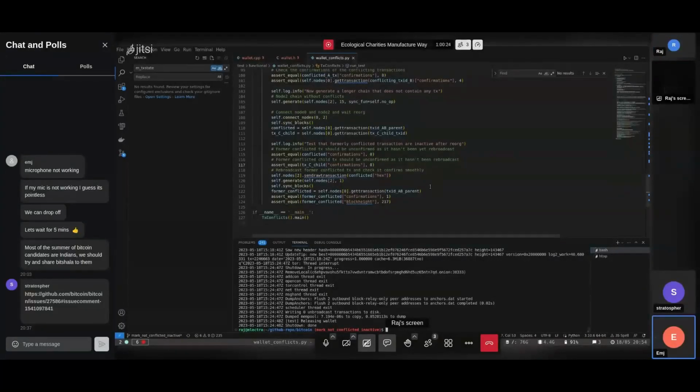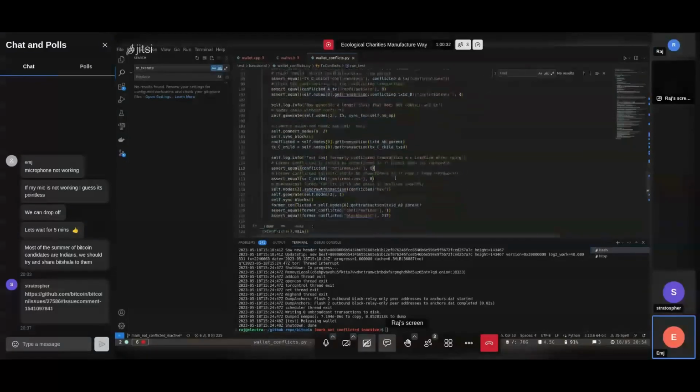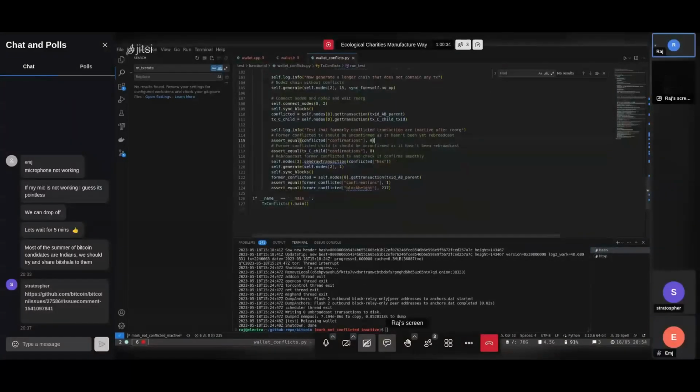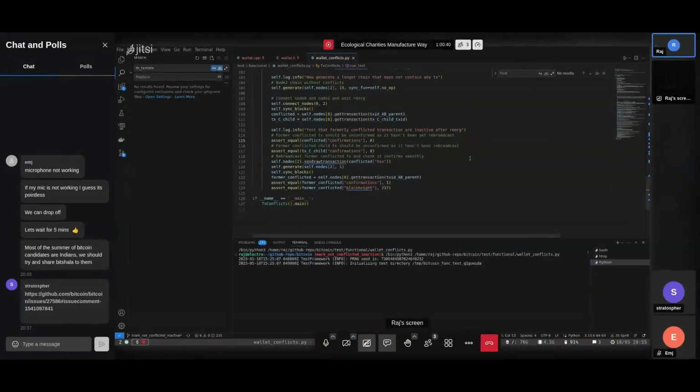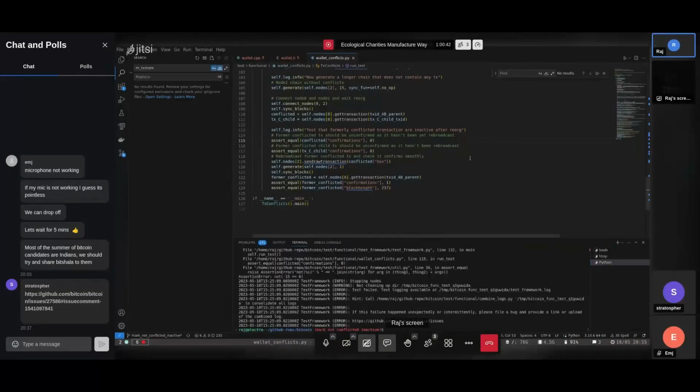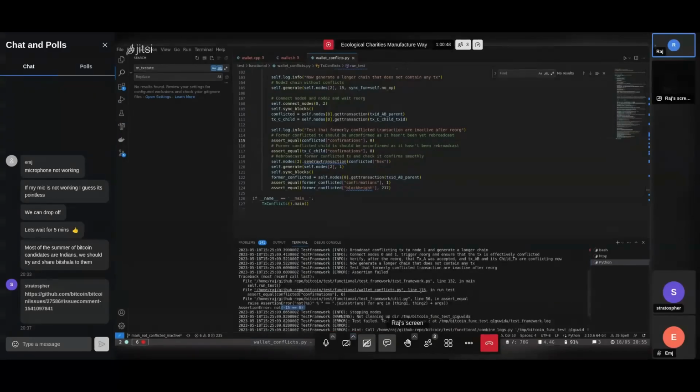I think my guess is that from 115, the confirmation will still be negative, right? Okay, an assertion failure. Yeah, that's basically going to happen. I have the master branch compiled over there, so let's just run this test. Boom, minus 15 not equal to 0. And this is happening on line number 115.